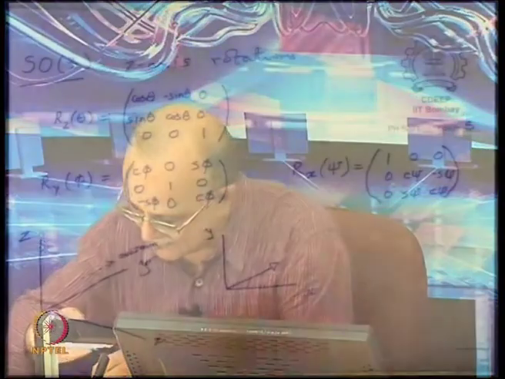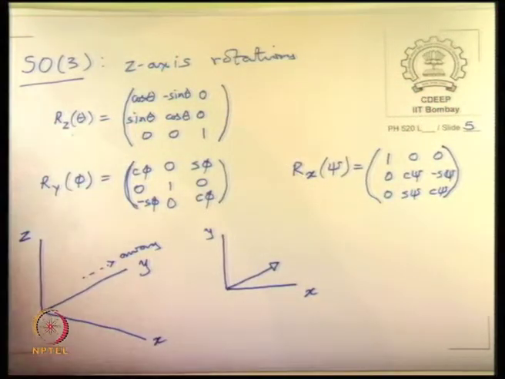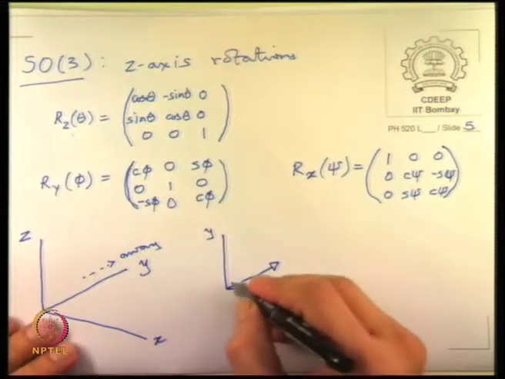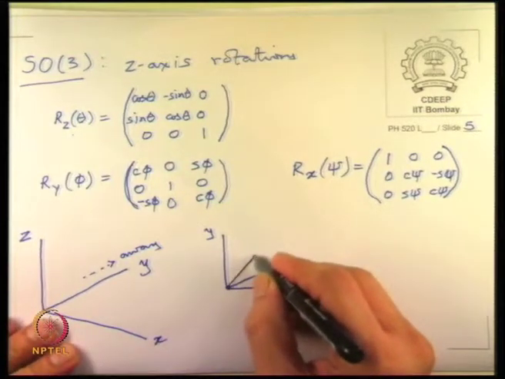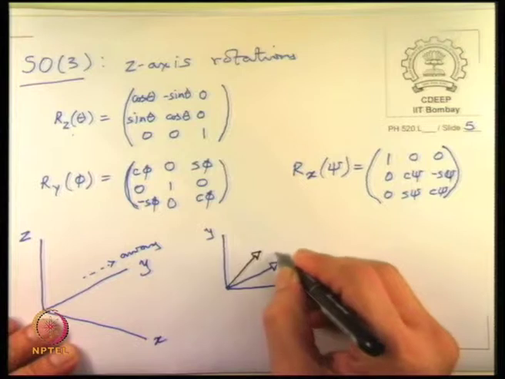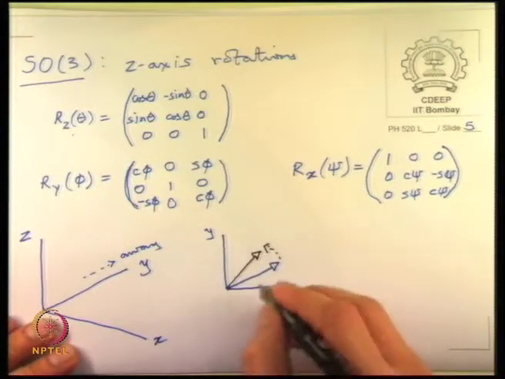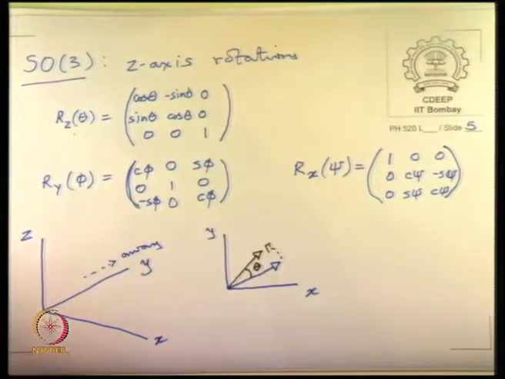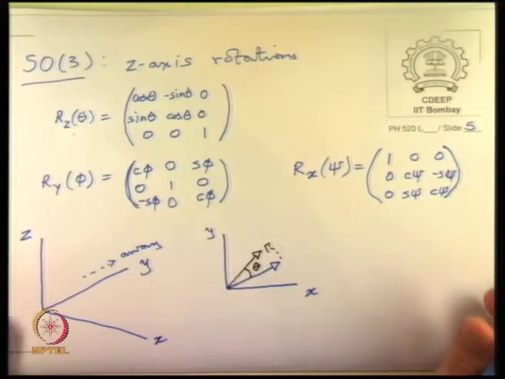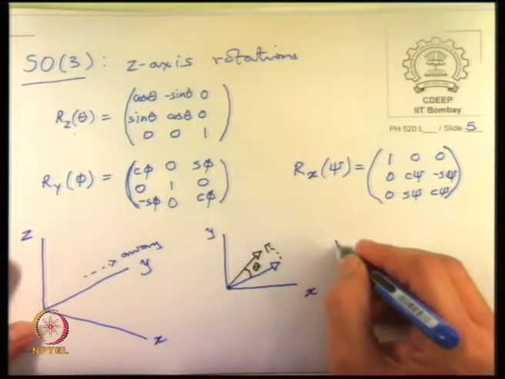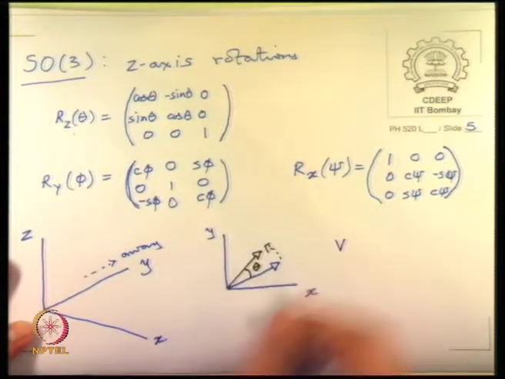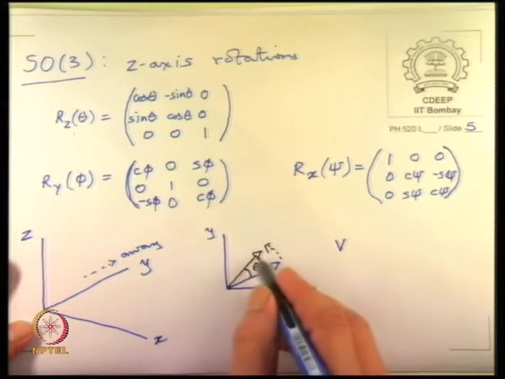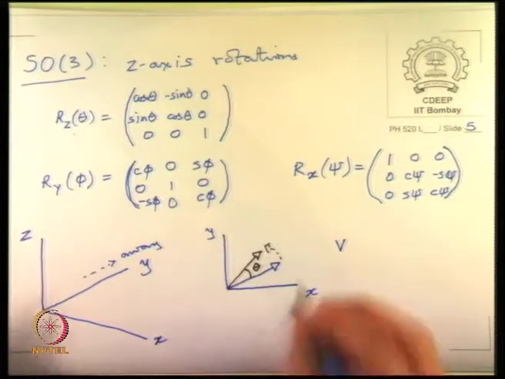So if I have this vector v and if I rotate it to a new position by an angle theta, then what I find is that x component, so I don't want to clutter the diagram too much, but there is Vx, Vy, we can just say V and V prime.